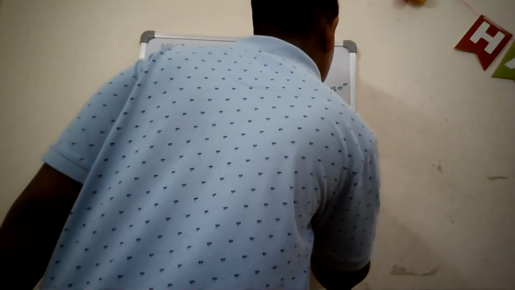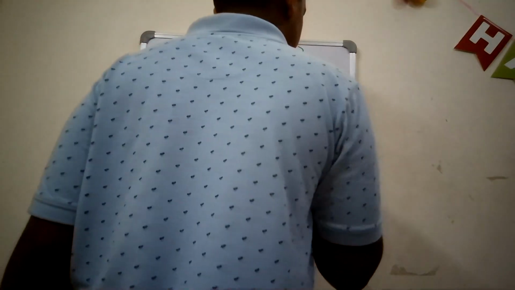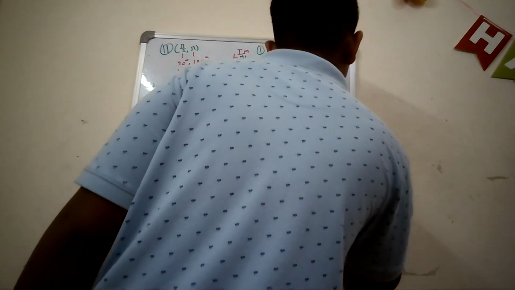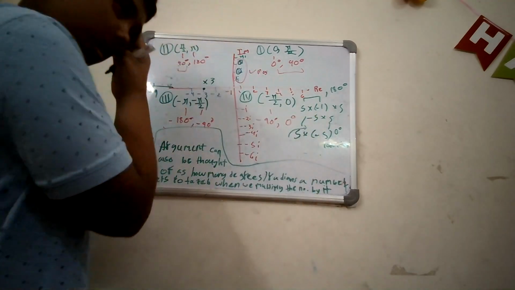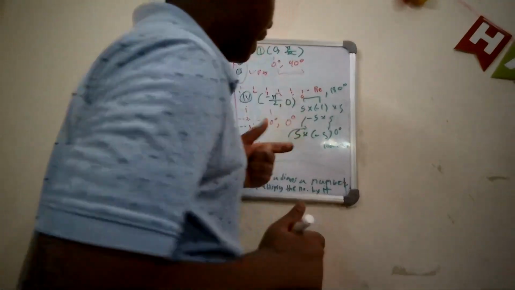Now multiplying by 5 is a 0-degree rotation. I just wrote 0-degree rotation. Okay? Because when we multiply it by 5, we're just extending.